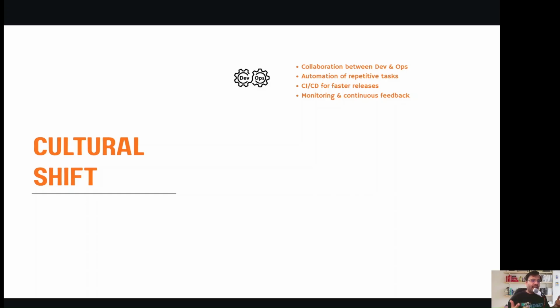If you have that mindset of collaboration, the product life cycle becomes easier, because your development team and operations team are always in sync and they know they are working towards one goal, which is product delivery. DevOps also focuses on identifying repetitive tasks and how we can automate them.